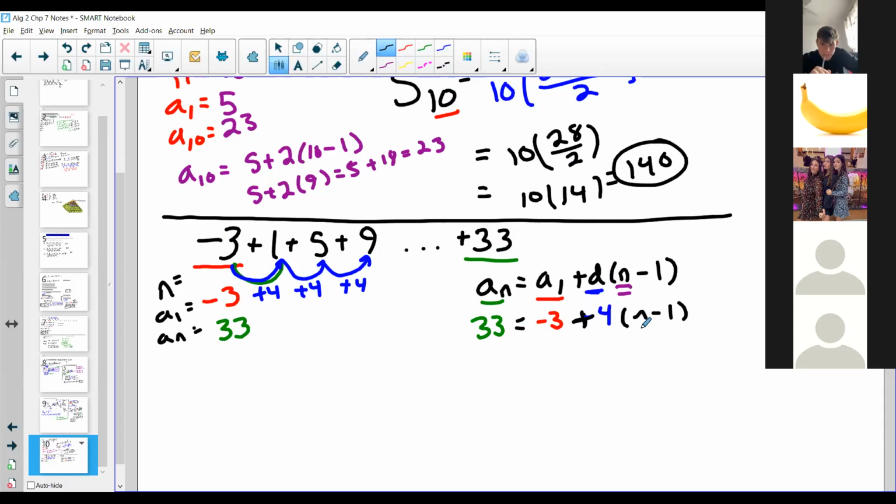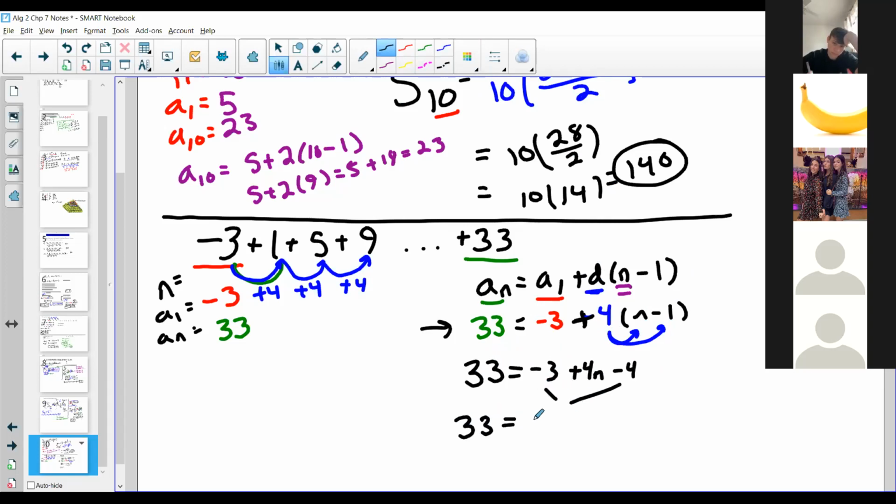This right here is just an algebra problem we could all handle. I would distribute the 4 first. So I get 33 equals -3 plus 4n minus 4. Combine some like terms. 33 equals -7 plus 4n.